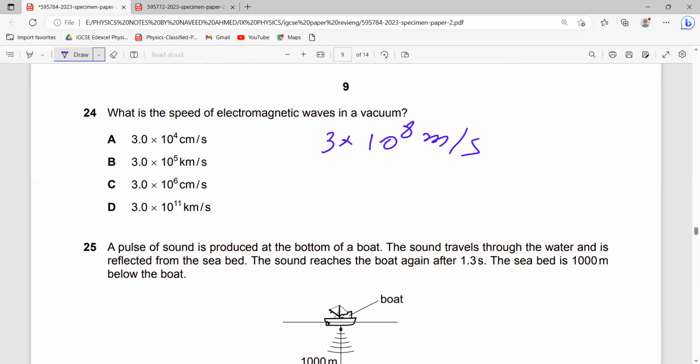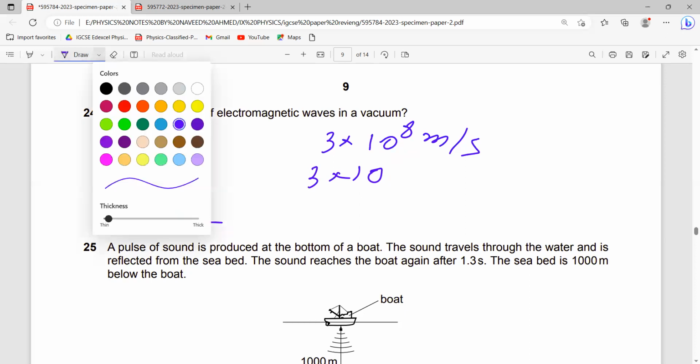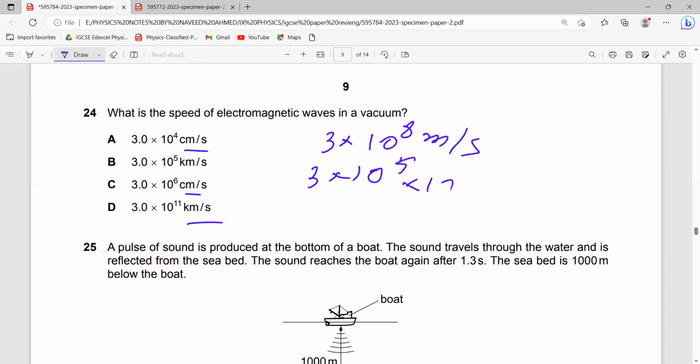But here the values are given in centimeters and kilometers. In kilometers, if we write it like that, it is 3 into 10 power 5 kilometers per second.